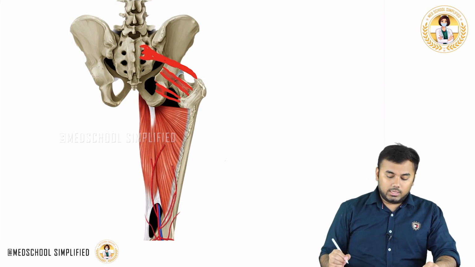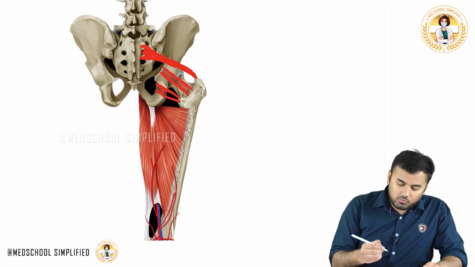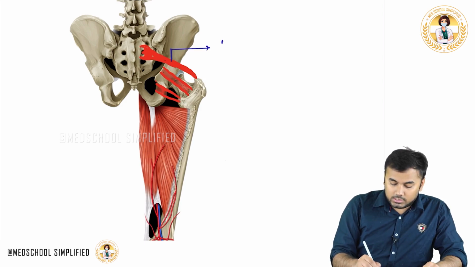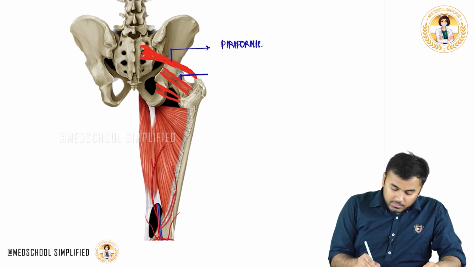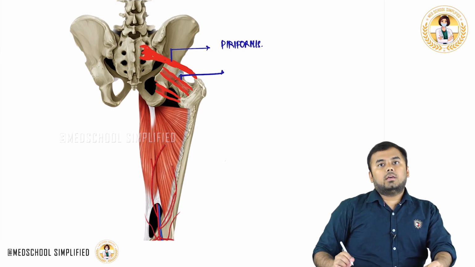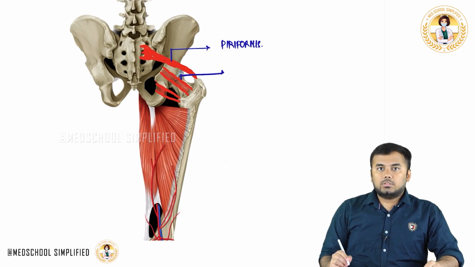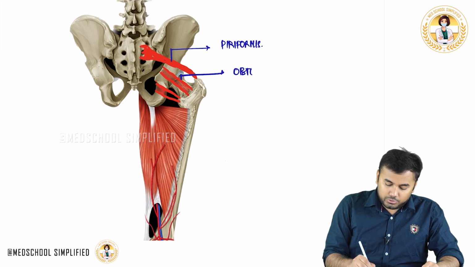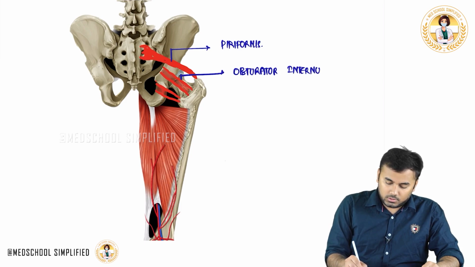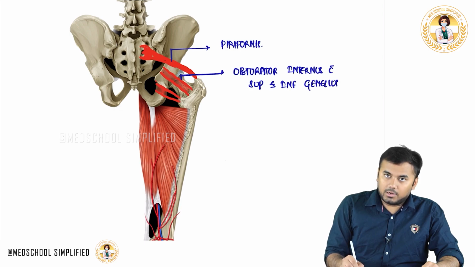Now here if you see the nerve, right? By the way, first of all, what are these muscles? Let us name them. This muscle is your piriformis muscle. The second one represents obturator internus along with superior and inferior gemellus muscles.